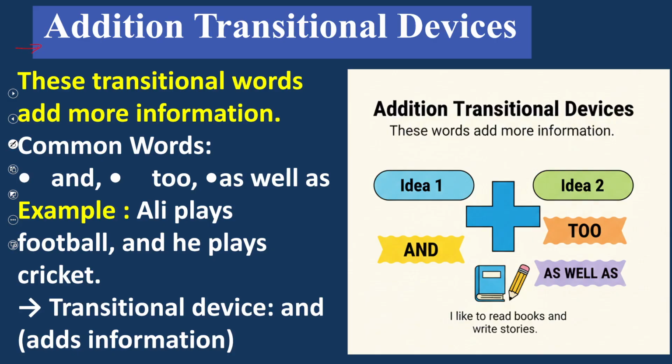First of all, we are right now at addition transitional devices. These transitional words add more information. Common words which are helpful to add more information are and, to, as well as.